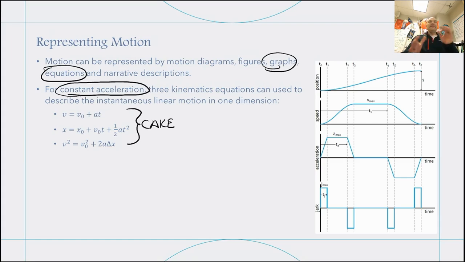Here in Physics C, you'll get a stack of graphs like you see on the screen. Typically your position function will be cubic, your speed function parabolic, and your acceleration linear, a sloped line.